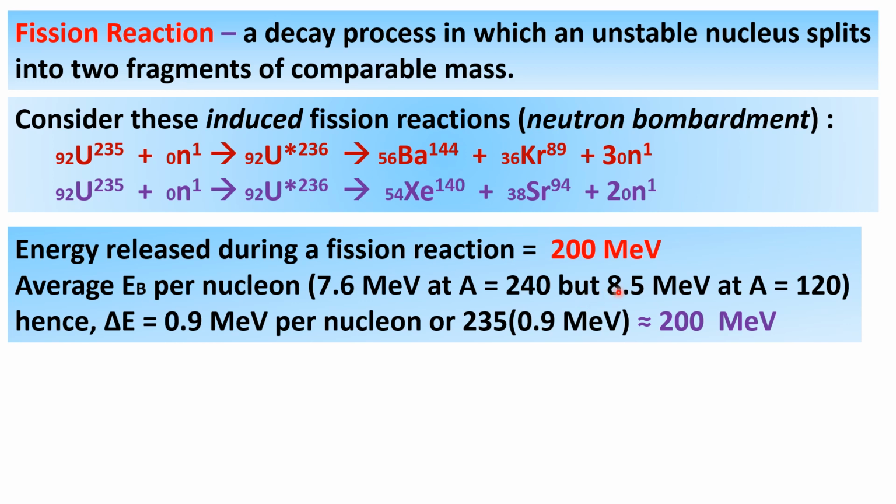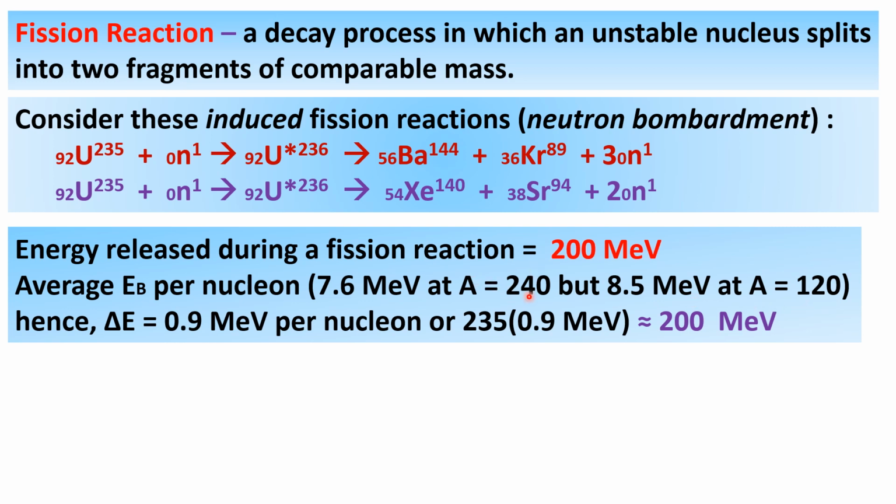So elements whose mass numbers are way above, such as A equals 240, are not so tightly bound. Their binding energy is relatively low as compared to those light nuclides having a mass number of 120.